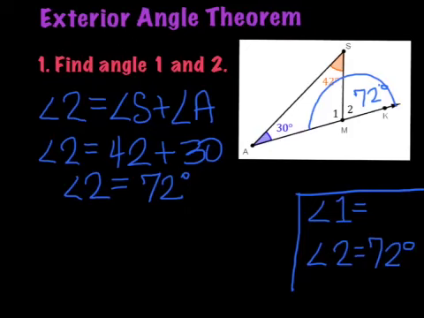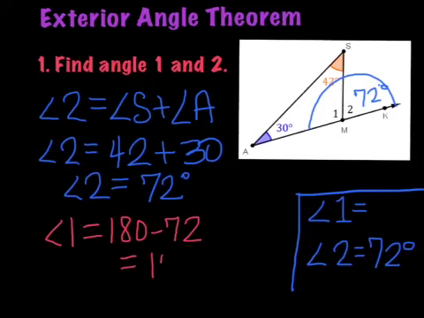So to get angle 1, it's going to be 180 minus 72, which equals 108 degrees. So we have angle 1, 108 degrees.